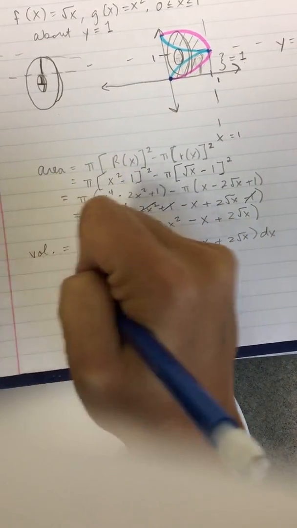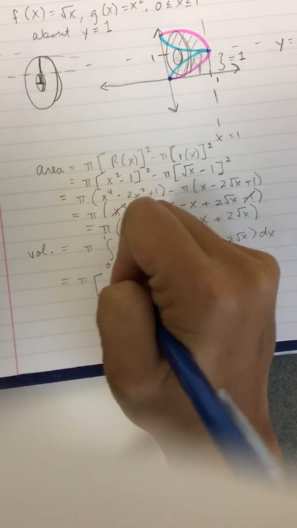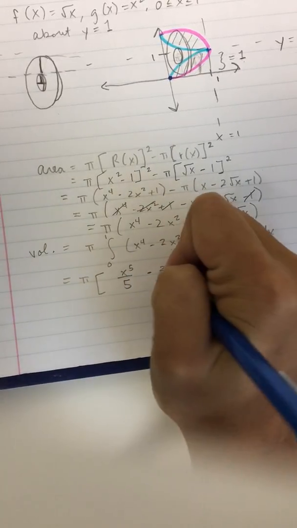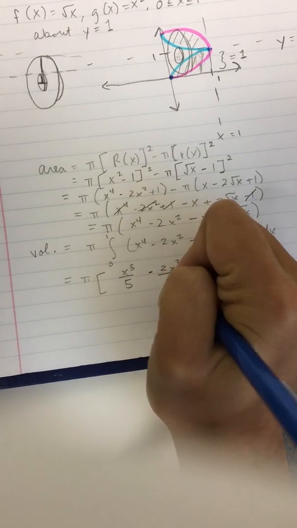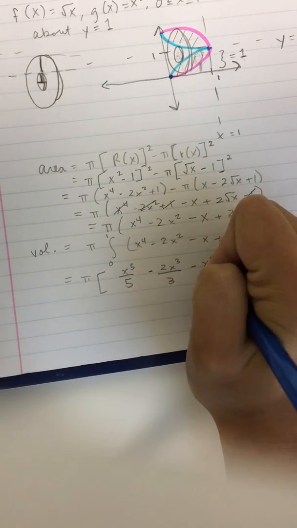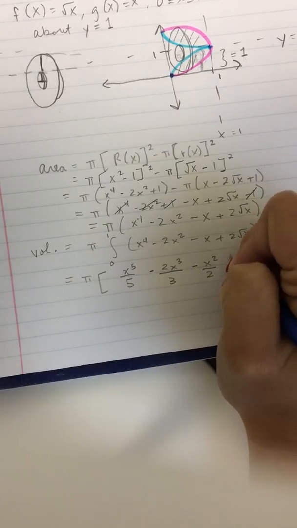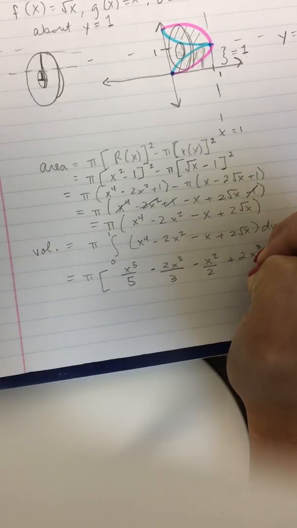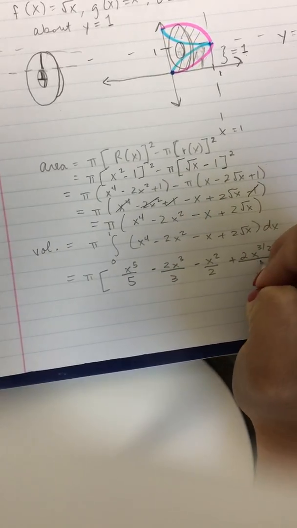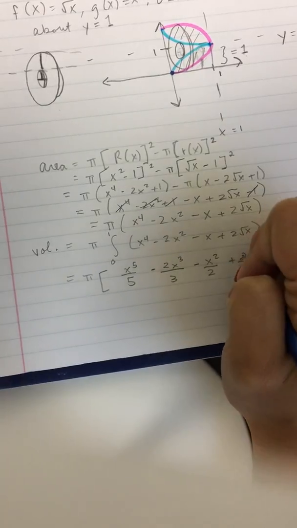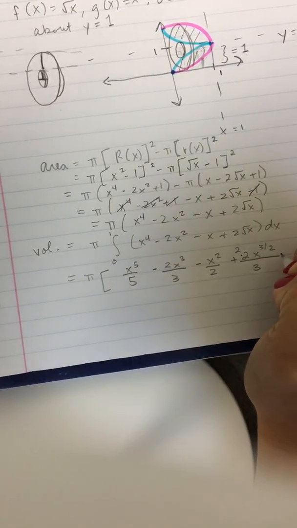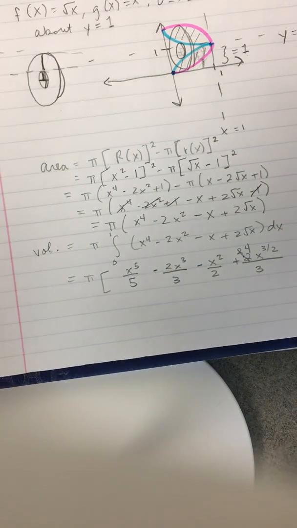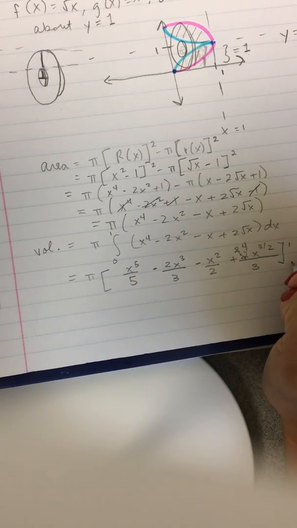And integrating that equals x to the 5th over 5 minus 2x to the 3rd over 3 minus x squared over 2. And this is going to be x to the 1/2, so plus 2 x to the 3/2 times 2 over 3, which would give us 4 over 3 x to the 3/2 from 0 to 1.